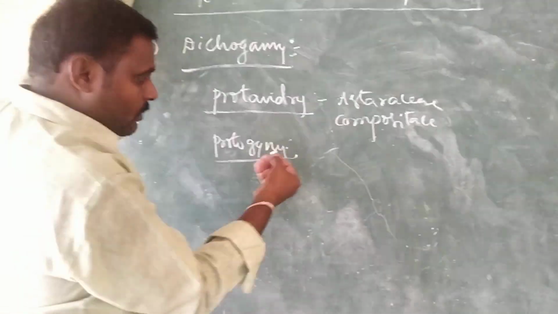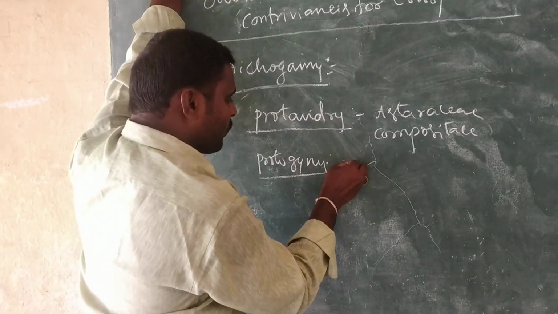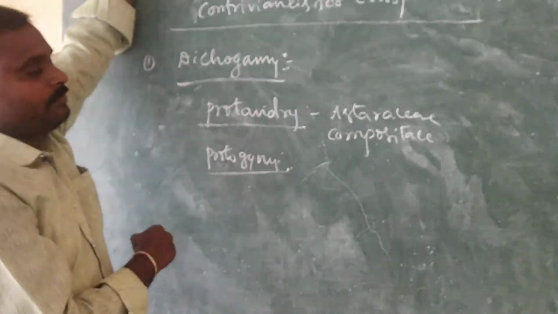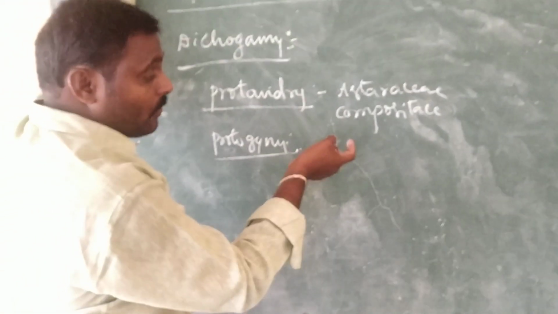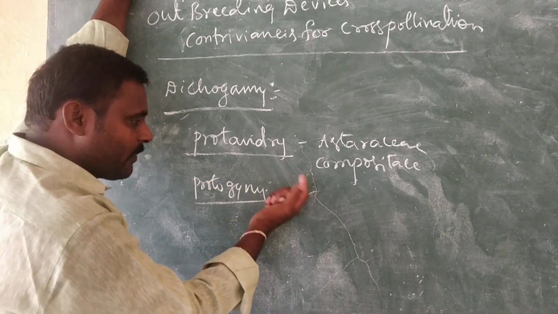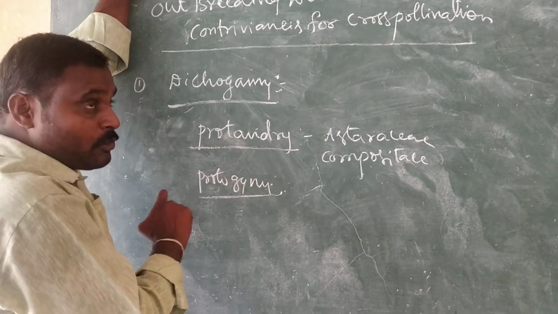Pro means early, and gyne is nothing but gynoecium. That means the gynoecium matures earlier than the androecium. So when the gynoecium matures, there are no pollen grains from the same flower, so it facilitates which pollination? Cross pollination, and it avoids which pollination?